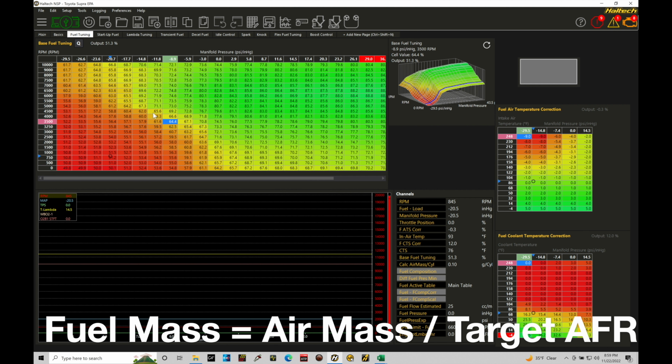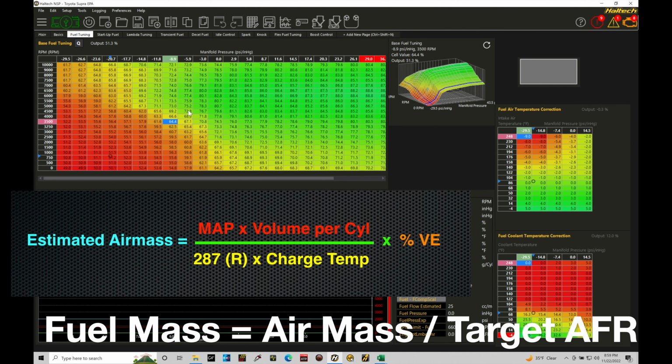So when we're talking about our air mass and we're dealing with our table here, these values are one part of our air mass equation that we need to essentially solve for in order to determine an accurate air mass value. Now, how do we figure out what the air mass is going to be based on these values that we find here?